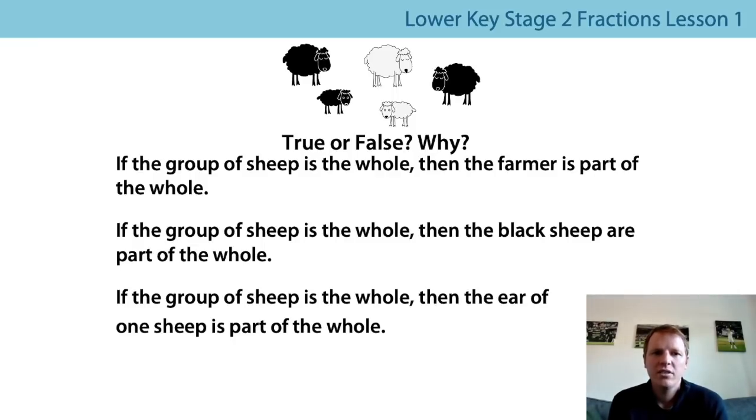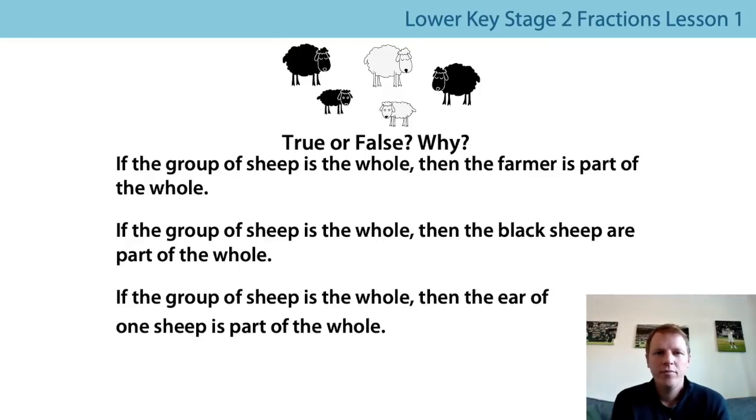So the first sentence, if the group of sheep is the whole, then the farmer is part of the whole. Second sentence, if the group of sheep is the whole, then the black sheep are part of the whole. Third sentence, if the group of sheep is the whole, then the ear of one sheep is part of the whole. Have a think, pause the video, and then we'll go through the solutions.